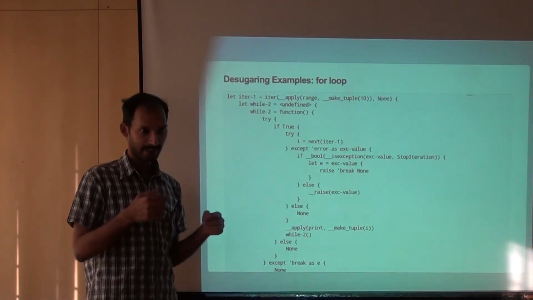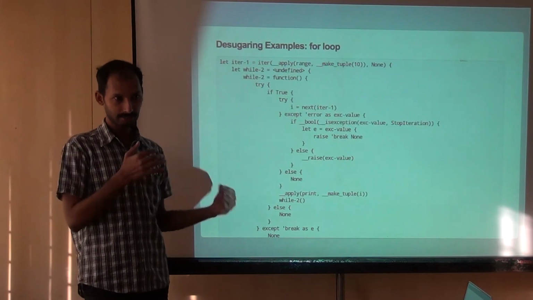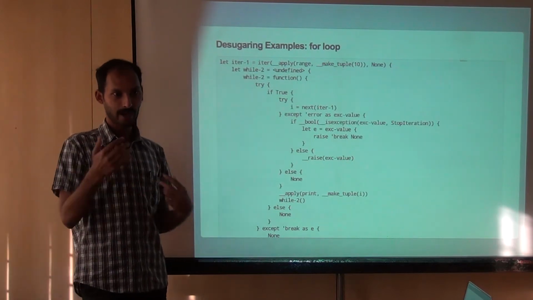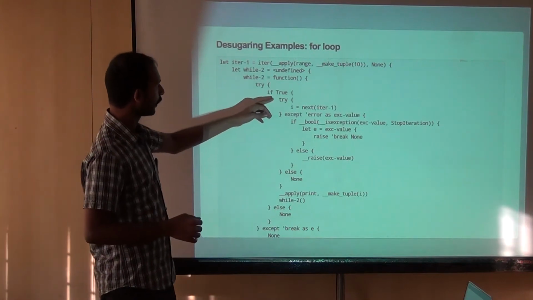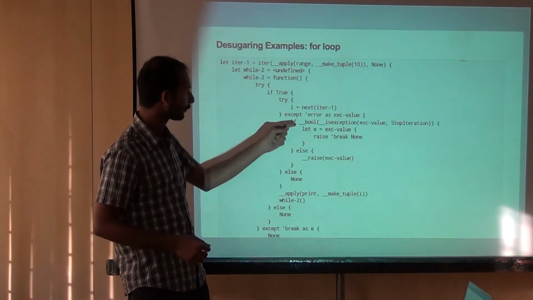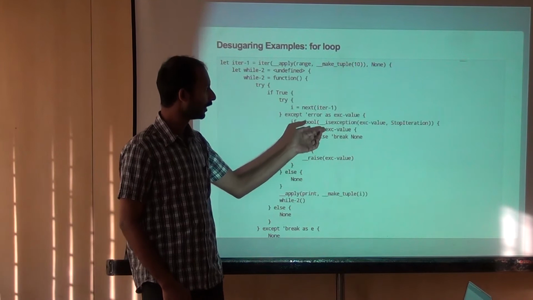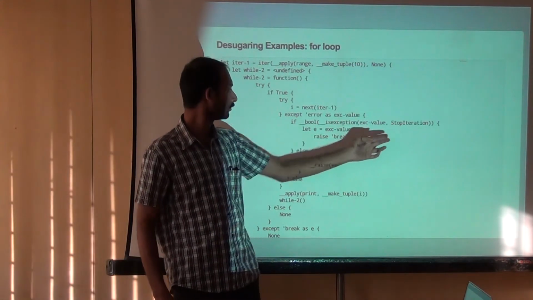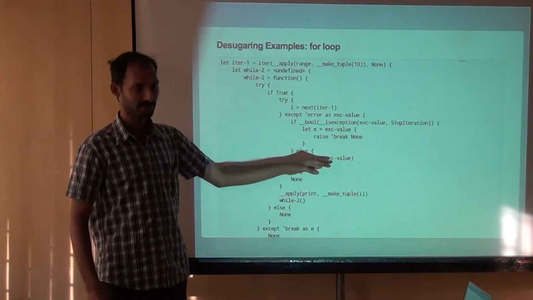So when you say except StopIteration, it doesn't really mean anything in the core language. You need to translate it into something meaningful. So what it does is a try and except, the core language try and except. Take the error as the exception value. If the exception value is an exception of this type, then do this piece. Otherwise, raise the same exception.